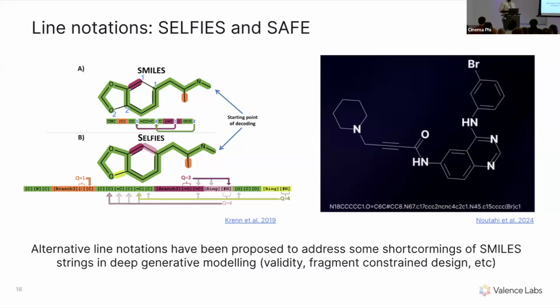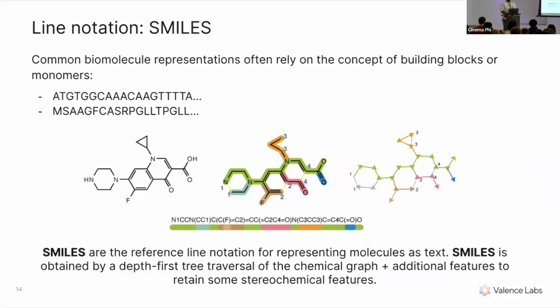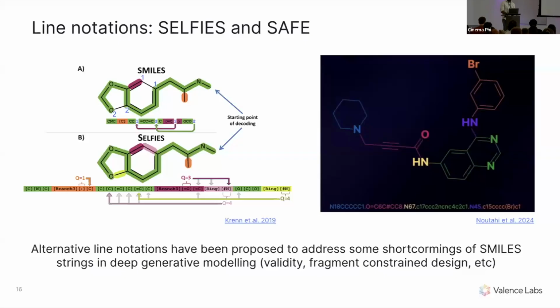So people have been proposing different ways of representing molecules as text, and some of them are SELFIES, which ensure that you have validity all the time for your generative modeling, but also things like SAFE, which enforce a fragment-based decomposition of your molecule, which means that you can see all of the fragments being in the same substring, which is not the case for SMILES.